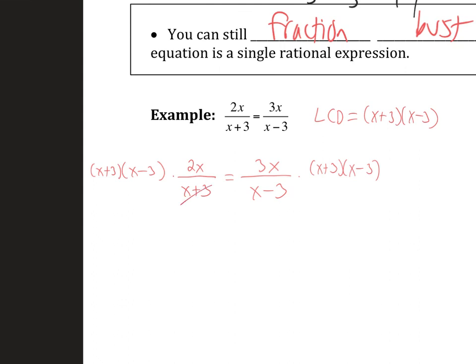Okay, x plus 3s are going to cancel over here. X minus 3 is going to cancel over here. So you can see now we have 2x times x minus 3, which is going to be 2x squared minus 6x. That's going to equal, over here we have 3x times both of these, which is going to be 3x squared plus 9x.